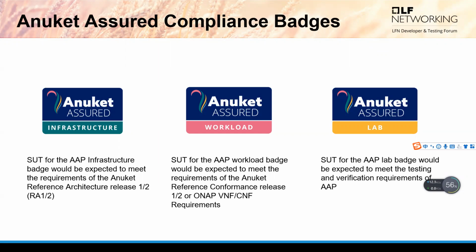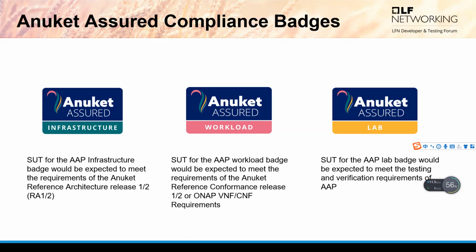Similarly, in order to get the Anuket Assurance workload badge, the SUT is expected to meet the requirements of the Anuket reference conformance release 1 or 2 or ONAP VNF CNF requirements. Of course, according to the SUT, different types of workload such as VNF or CNF, you can get different subtype badges.